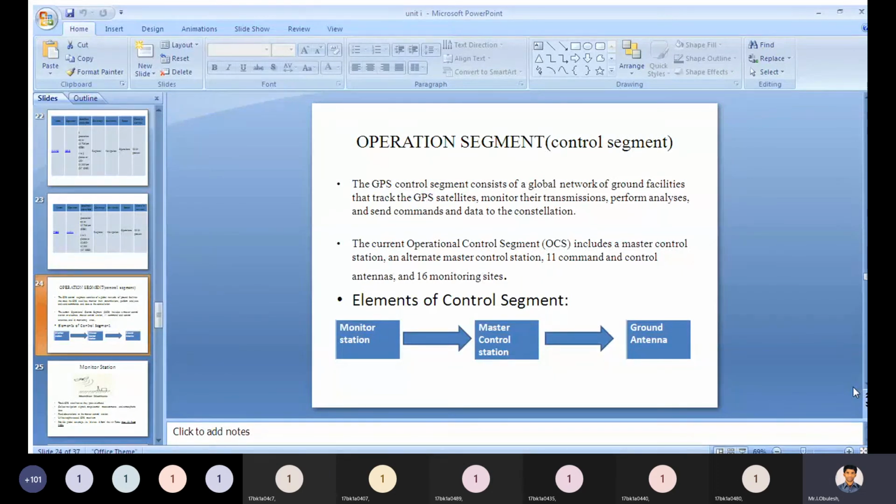Then the next point is the current operational control segment, OCS.